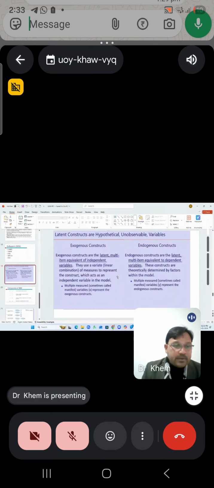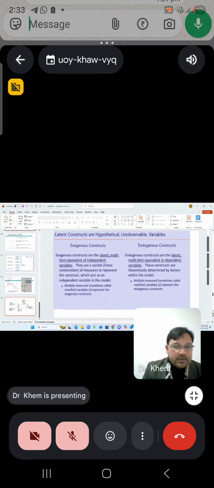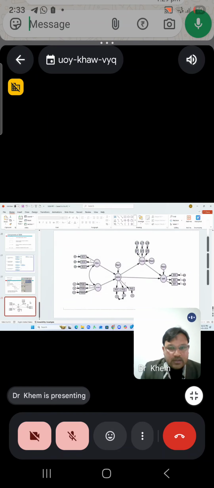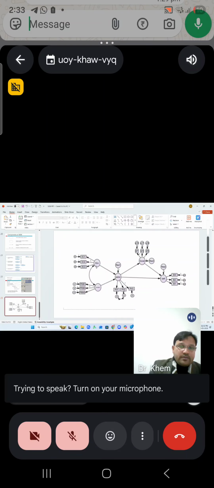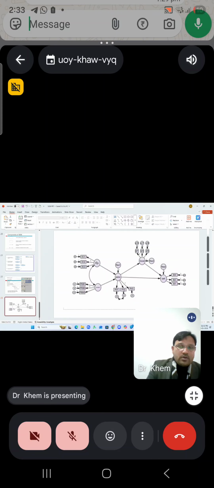For example, the observed variables are your statements, and this is the unobserved variable, where without the help of these items, without the help of these statements, we cannot measure environment.